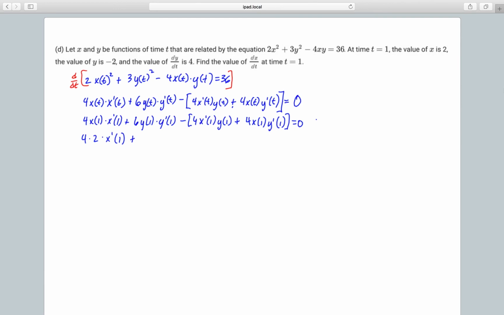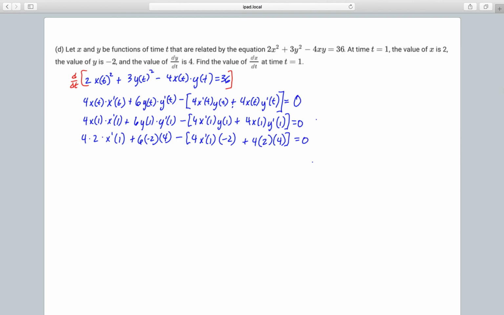So plus 6 times y at 1 is negative 2, and y prime, or dy/dt, is 4, minus 4 times, again, x prime at 1 is what we're trying to figure out, y at 1 is negative 2, plus 4 times x at 1 is 2, and y prime at 1 is 4. So this is all equal to 0.